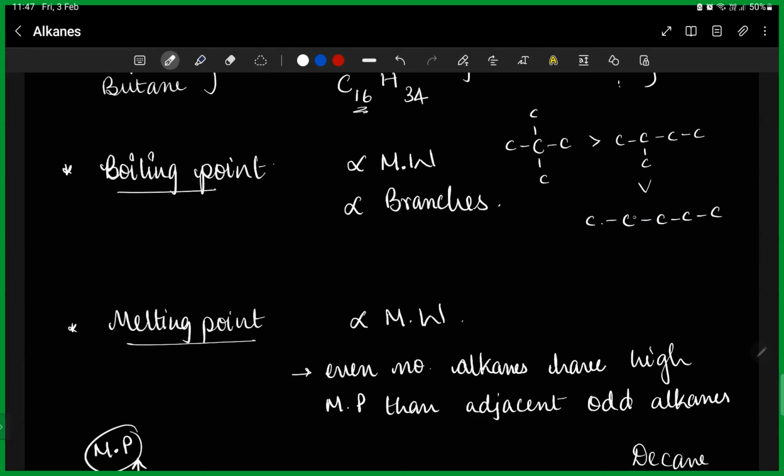So this will be the decreasing order of boiling point. Neopentane will have the highest boiling point because the branches are more.